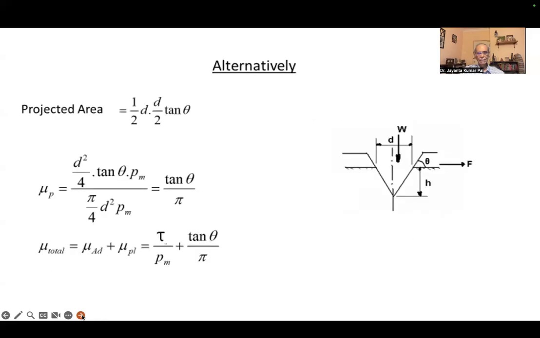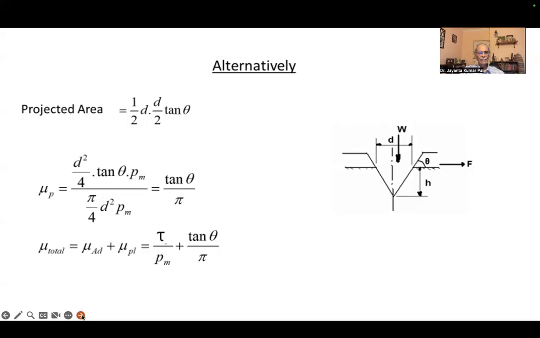Now this we can also denote in terms of the geometry. If we take the angle of inclination of the asperity as theta with respect to the horizontal, then the projected area during ploughing would be half d into d by 2 tan theta, because here h is d by 2 tan theta.